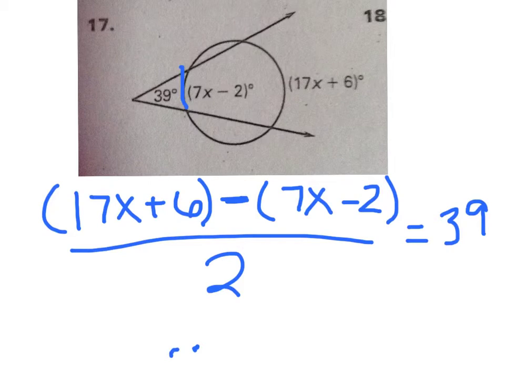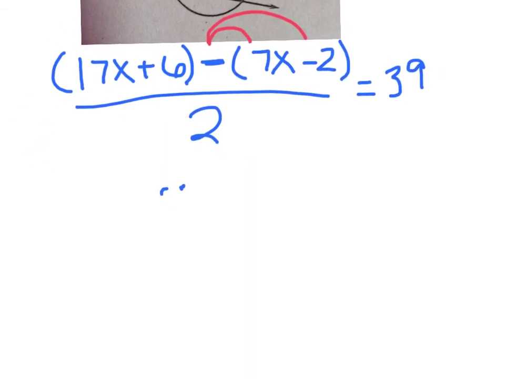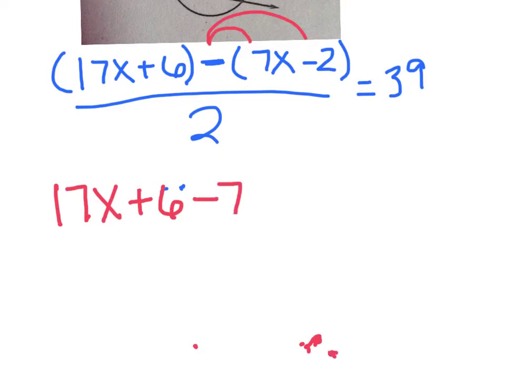Okay, on top, we're going to go ahead and distribute this negative in. So I'm going to scoot this up. Whole thing, just move it on up. All right. So that would leave us with 17x plus 6 minus 7x plus 2, because we got to distribute that negative in.